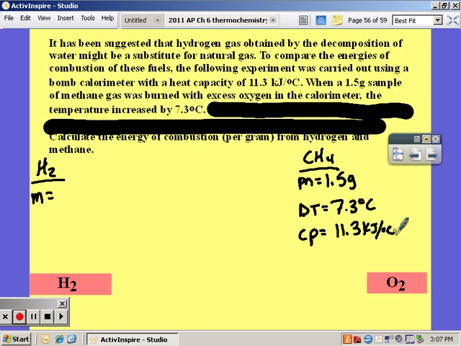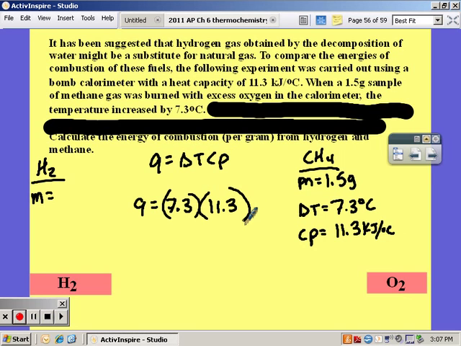So we can plug that in to our equation, which was Q equals delta T Cp. We don't need the mass yet. Solving for Q tells us how many kilojoules are released.